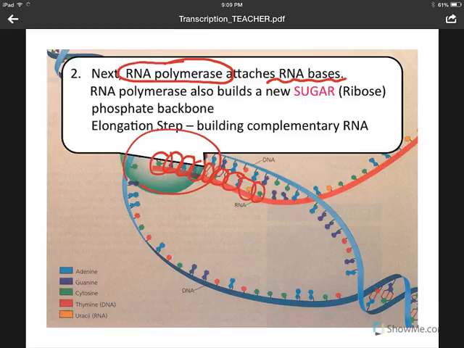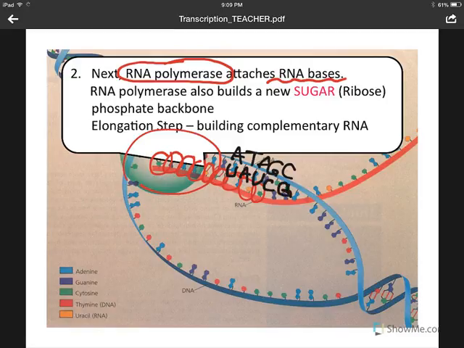Let's say this is A, T, A, G, and C. If I were to bring in RNA bases, then instead of thymine, uracil would bind in, then adenine would bind in, uracil again, cytosine, and guanine.